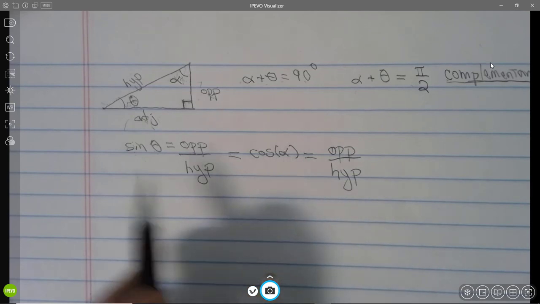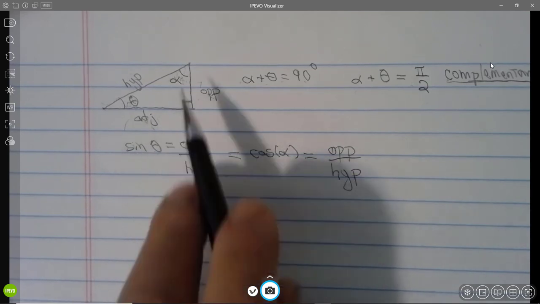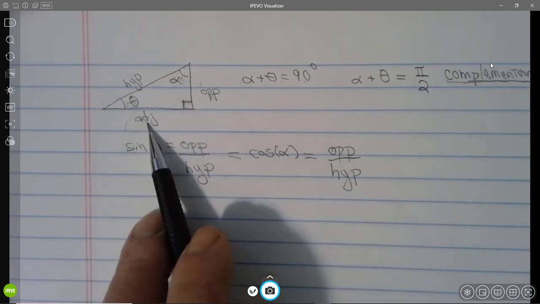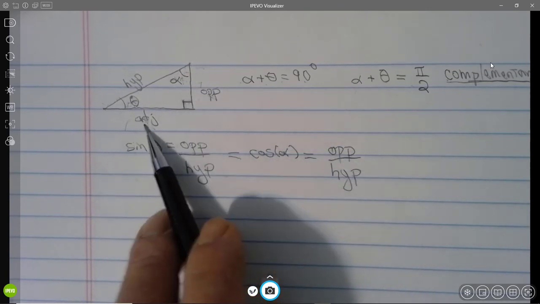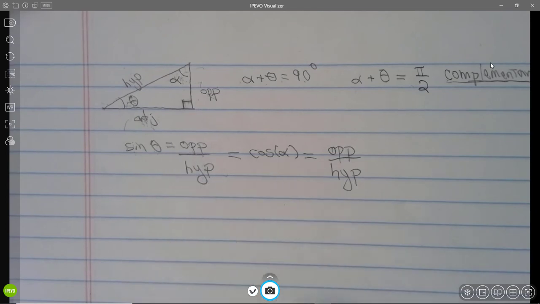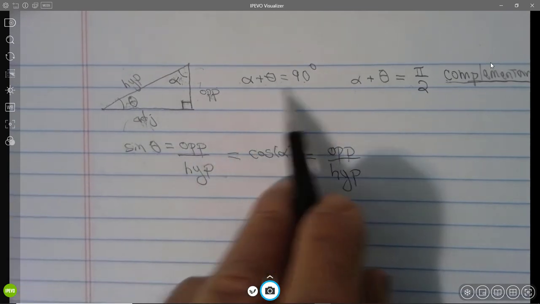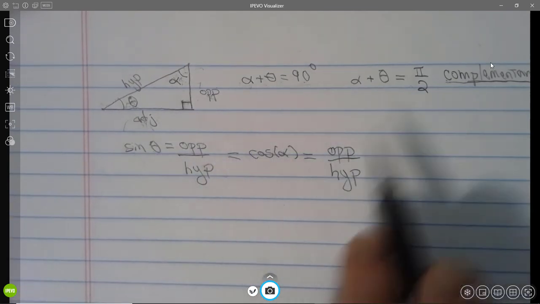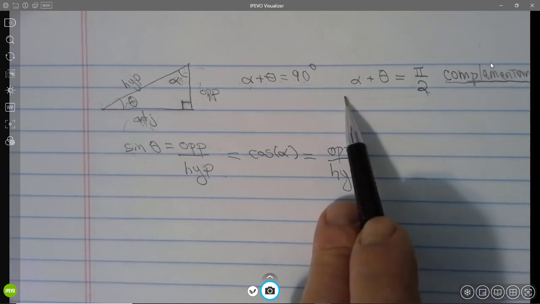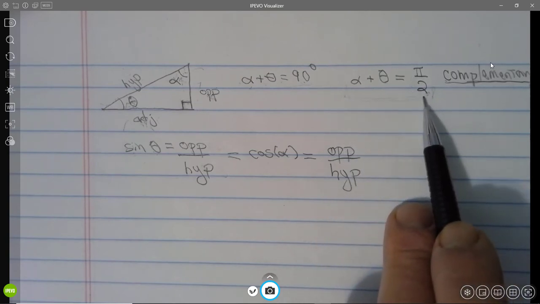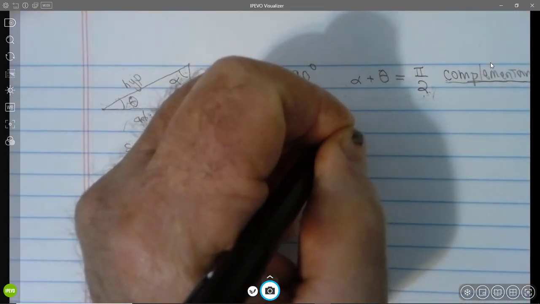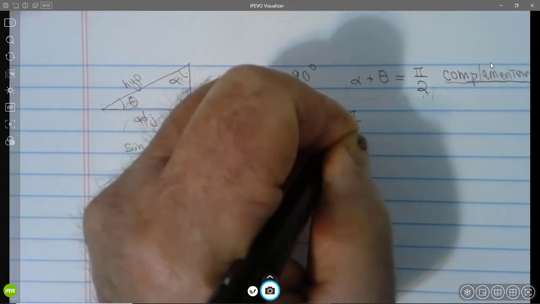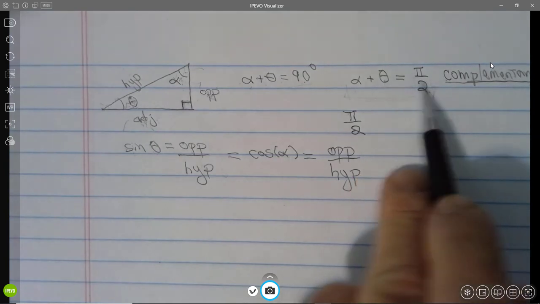So the sine of theta and the cosine of alpha are the same. And likewise, if I'd started with the cosine of theta, the cosine of theta would be adjacent over hypotenuse. That would be the sine of alpha. It'd be this over this. So then we use this relationship right up here. If you want to write it the way it is on the list of identities, pi over 2, let's subtract theta from both sides.